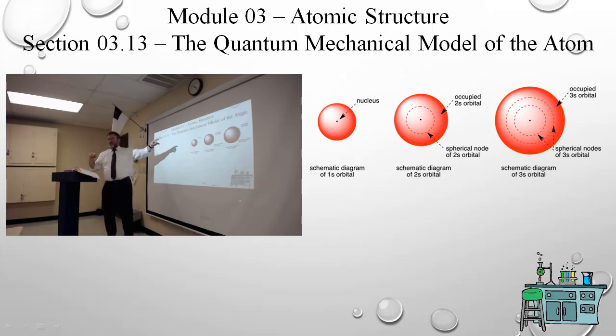In the quantum mechanical model, it's either going to be in this sphere, or the larger sphere that contains that, or the larger sphere that contains that, and so on, all the way out. So the larger the sphere, the higher the energy level. The smaller the sphere, the lower the energy level. Every sphere can contain 2 electrons. Okay, that's the other important part.